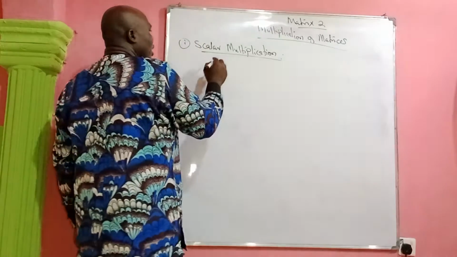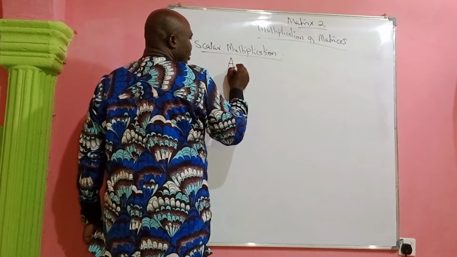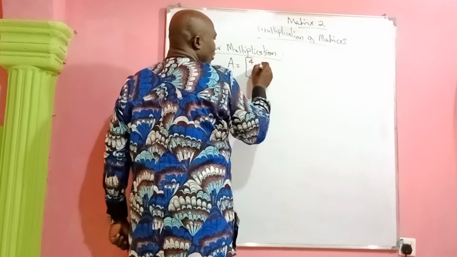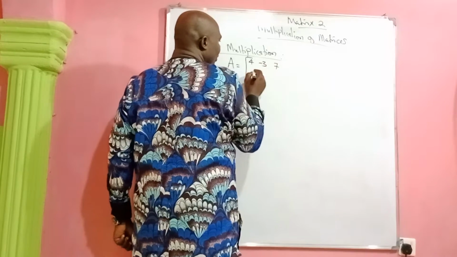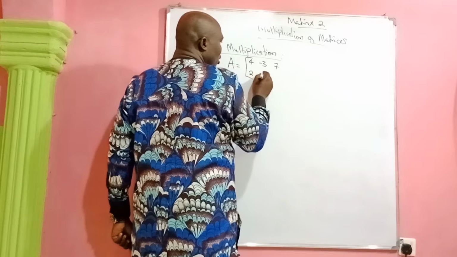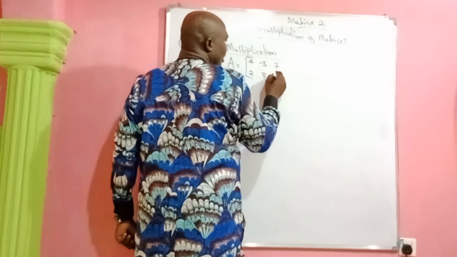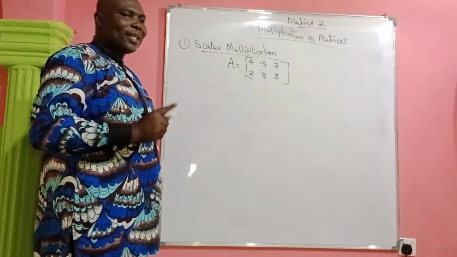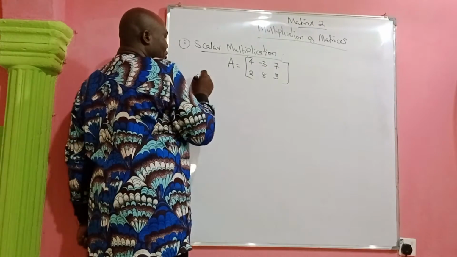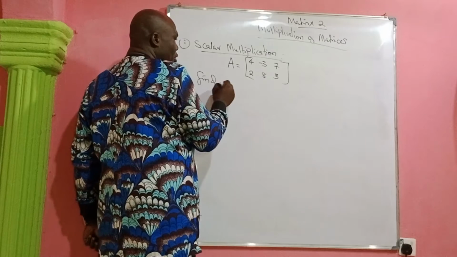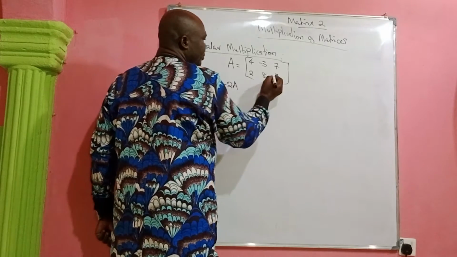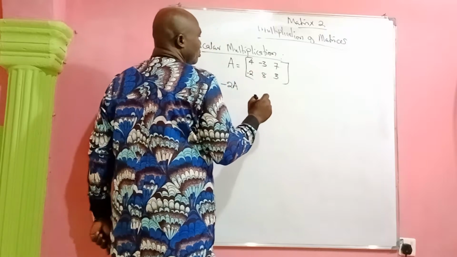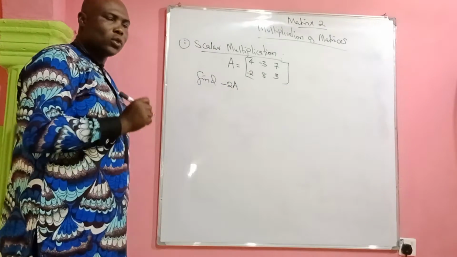Now, watch this. This is a matrix A, and the matrix is given as shown. Now you'll be asked to multiply. Assuming we are asked to find minus 2A.